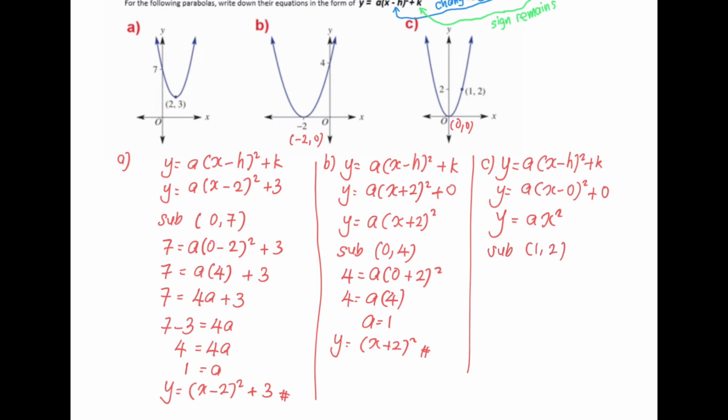The y is 2. The x is 1. a remains unknown. So 2 equal to a. Now we get the value of a, which is 2, and we pull it back here. Your a is 2. So we get y equal to 2x squared. Okay, so settle.